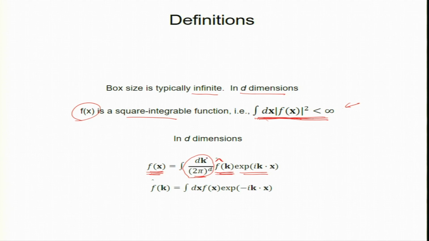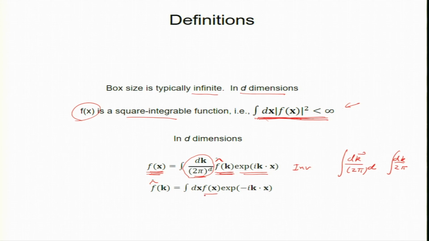You will always find this kind of combination in quantum field theory. In 1D it is just dk by 2 pi. So, you basically blindly put dk by 2 pi to the power d. This is called the inverse transform, you go from Fourier space to real space.